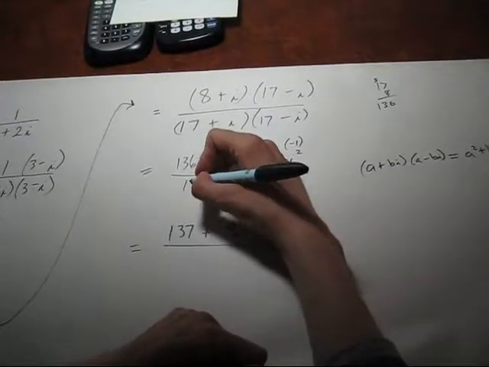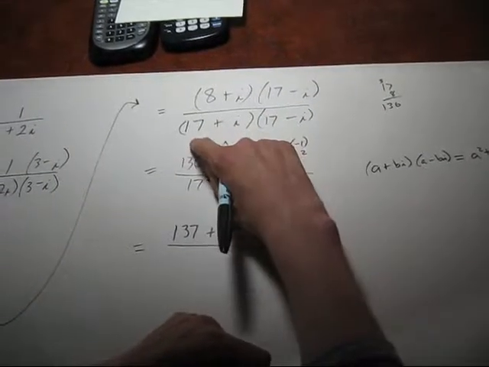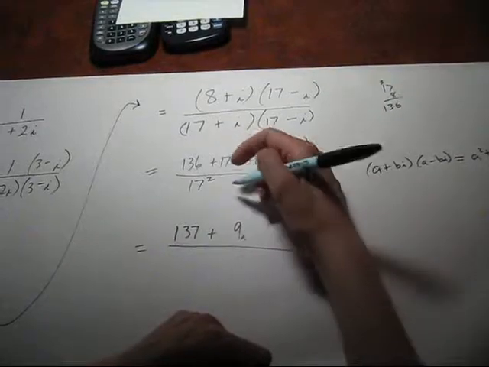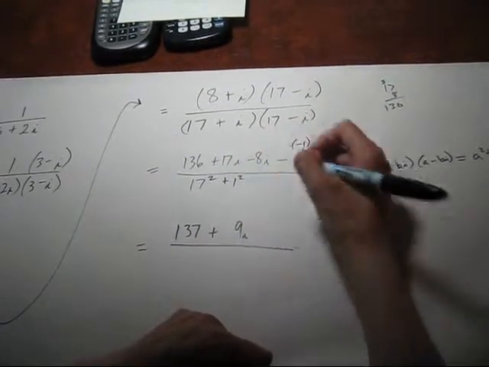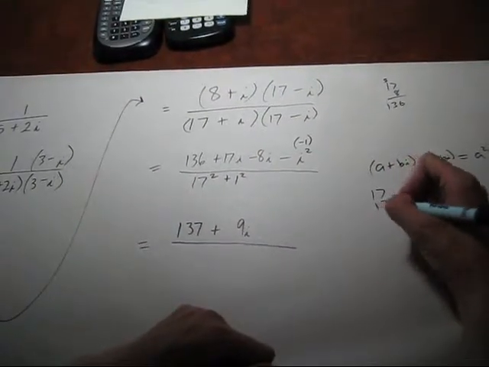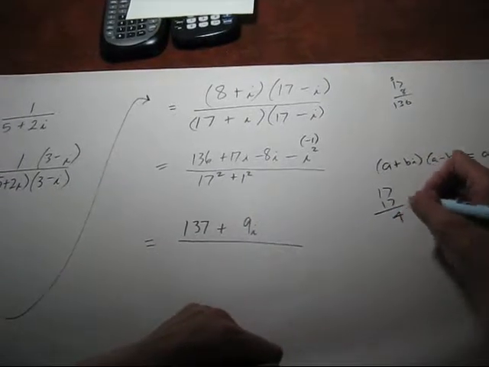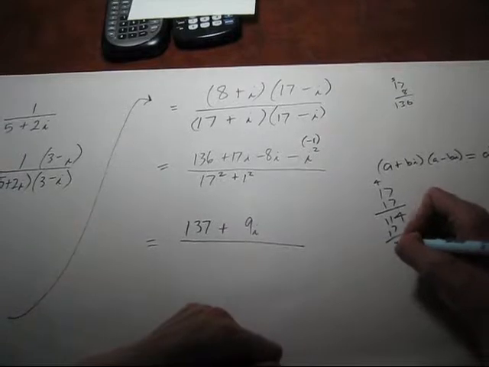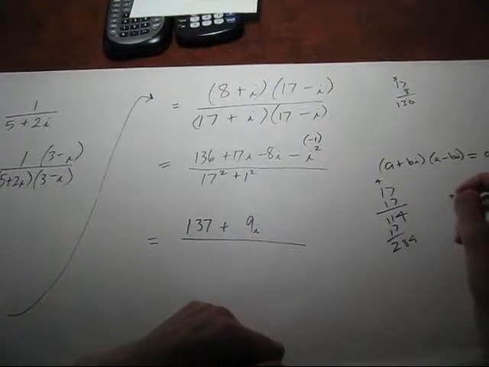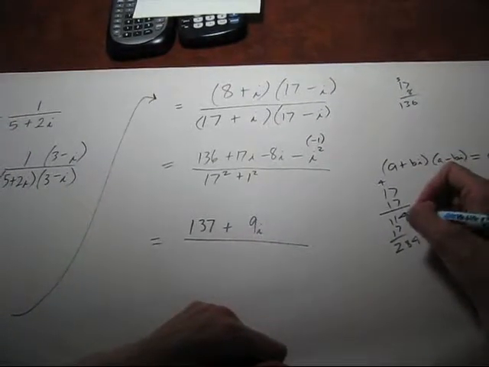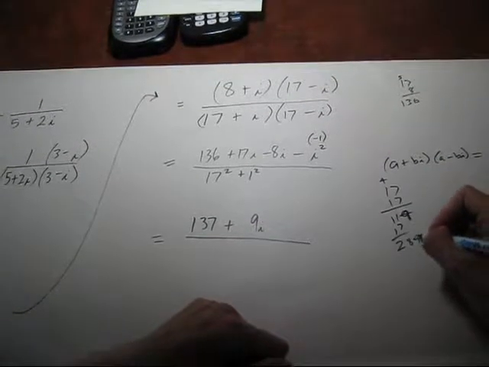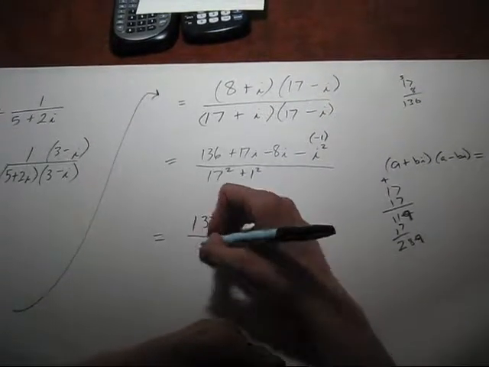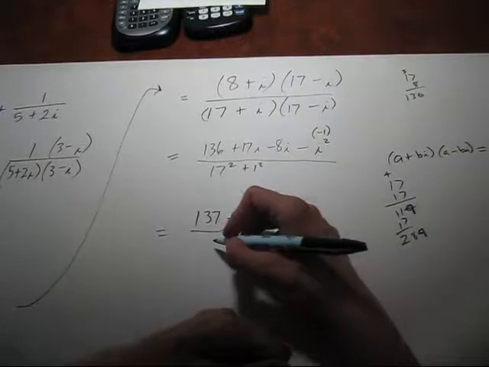So we're going to have 17 squared, that was the a part, our b is 1, so plus 1 squared. Okay, 284, that's not right, this is a 9, sorry about that. 289 plus 1, which is 290.